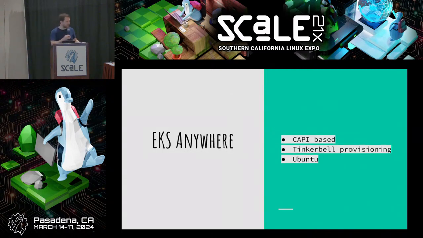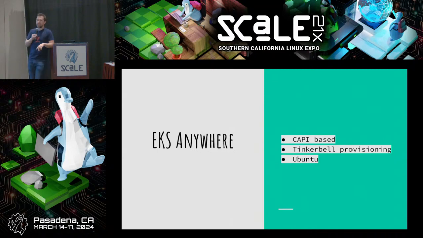I will talk about EKS Anywhere just because I'm very familiar with it. To my knowledge, it's the only Cluster API-based provisioner that is not SSH with kubeadm. With EKS Anywhere, they decided that they wanted to own the full provisioning of a server with bare metal. There are also other providers that are CAPI based, but it runs Tinkerbell.